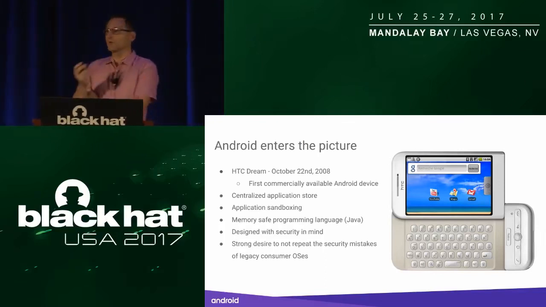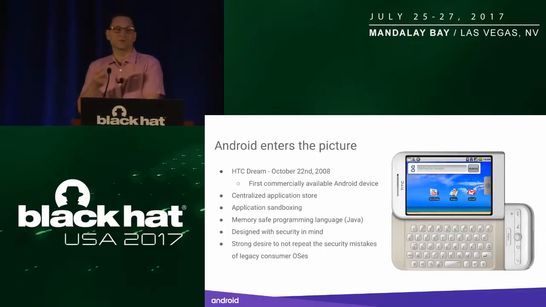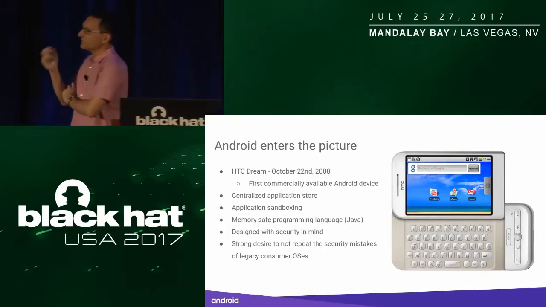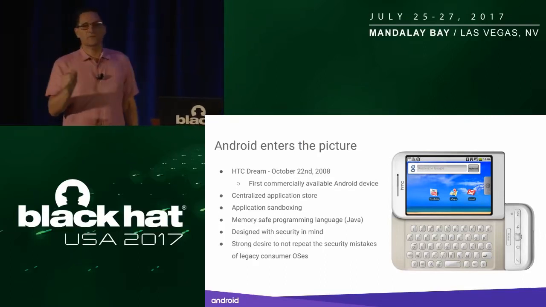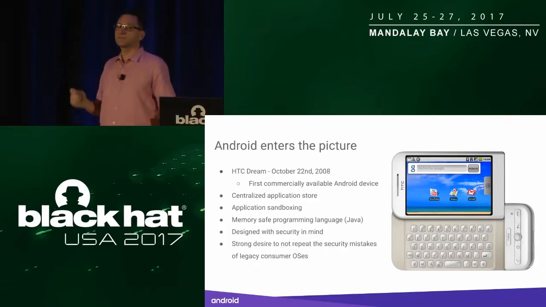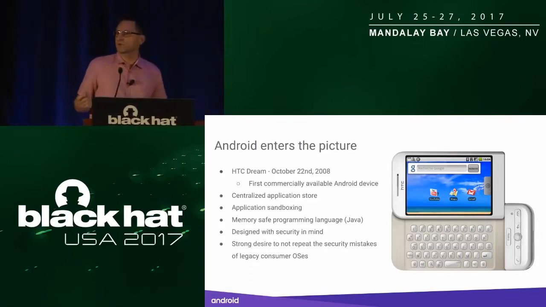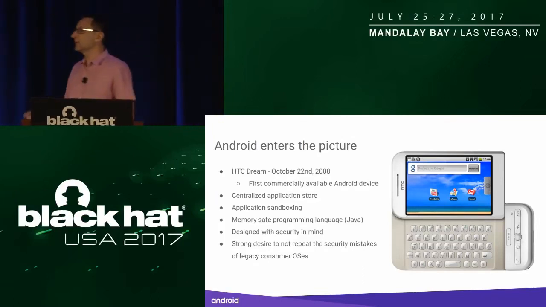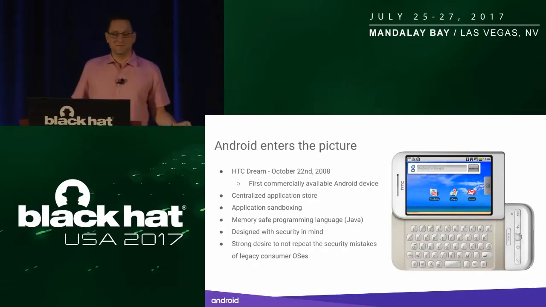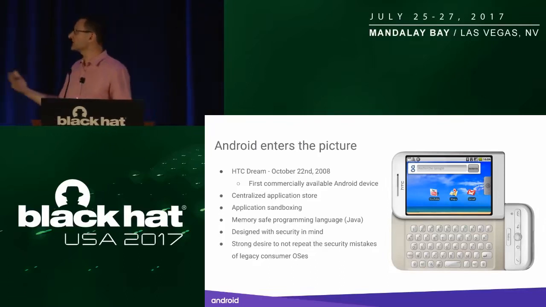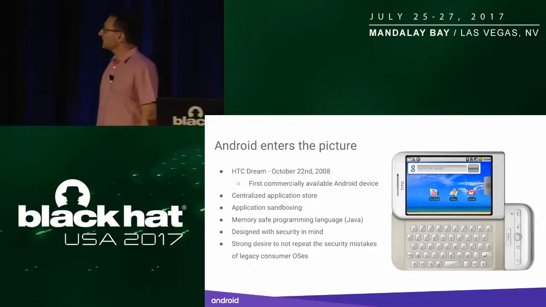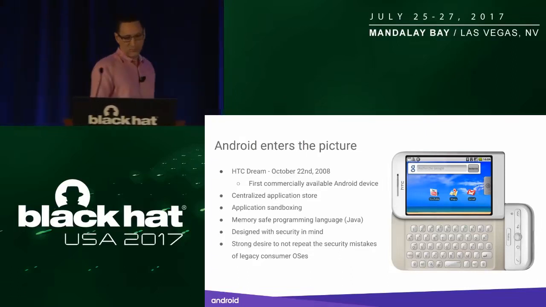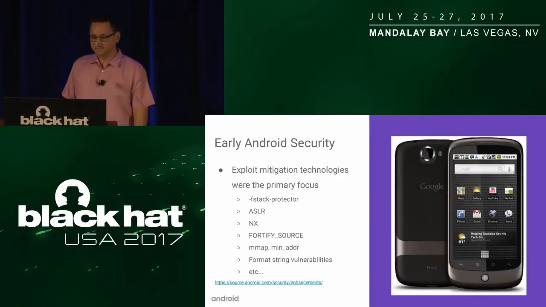In fact, one application in Android cannot see data associated with other applications. One of the things I'm most proud of that doesn't get a lot of credit is our choice of memory-safe languages. We really pushed Java early on because we recognized the flaws in C, and we recognized the memory unsafety. Memory corruption is an issue. So we really had a strong desire to avoid the security problems of the past.